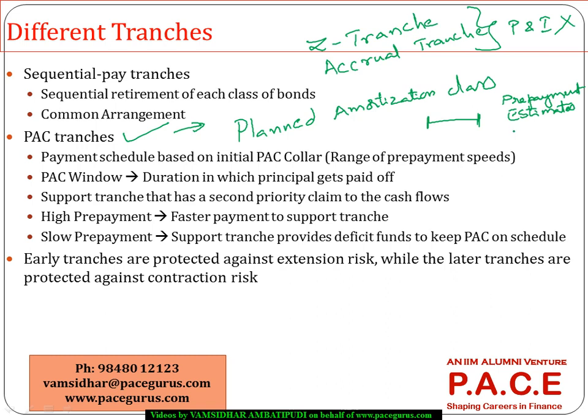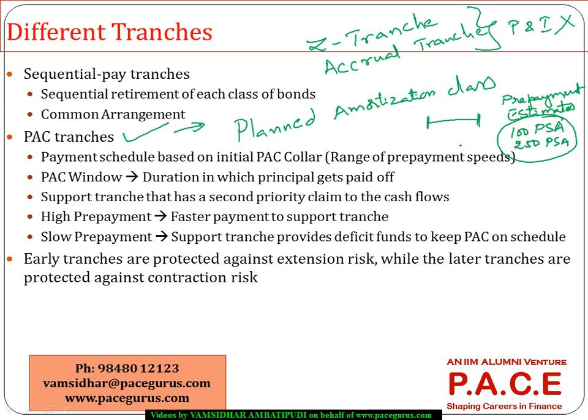So a benchmark range is taken. Let's say 100 PSA to 250 PSA is the benchmark. Based on this, both the lower as well as the higher benchmark levels are taken.